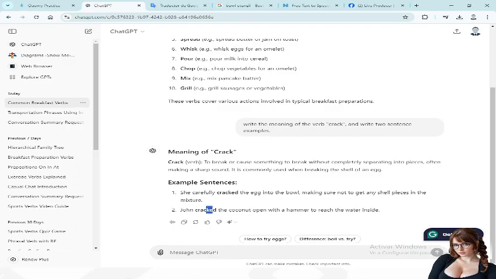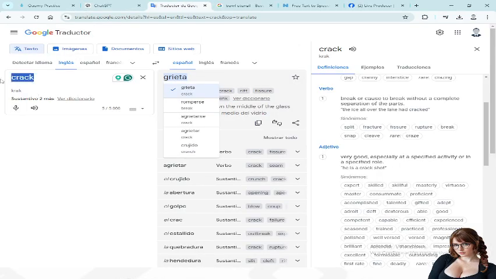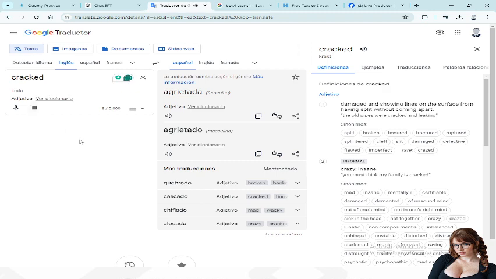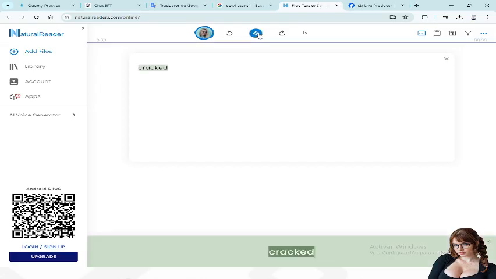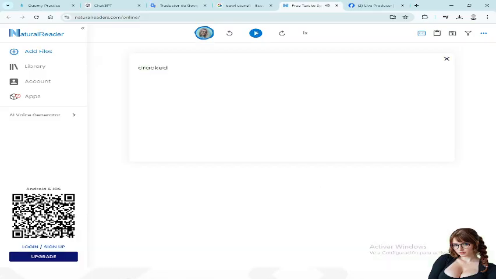Crack ends in a voiceless consonant, so the end of the pronunciation is like a T: cracked, cracked, cracked.